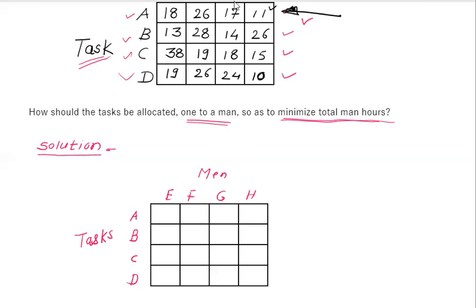So 18 minus 11 is 7. 26 minus 11 is 15. 17 minus 11 is 6, and 11 minus 11 is 0.